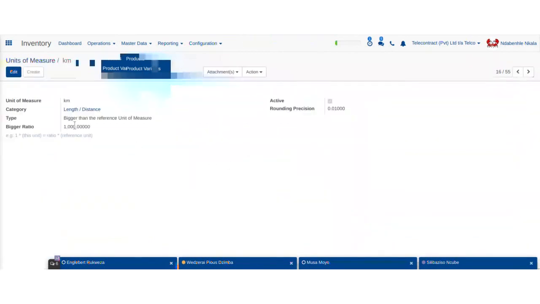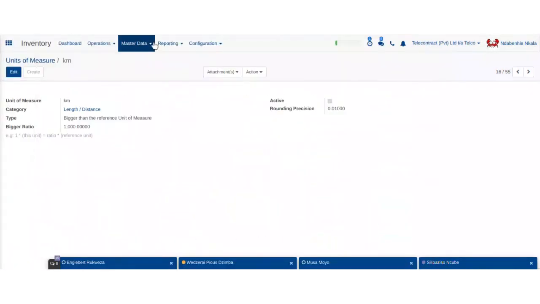In a kilometer, there's 1,000 meters, so it's 1:1,000. In other words, it's 1,000 times bigger than the unit of reference. Is that clear? The concept of the category, the actual units of measure, and the reference. Now let's apply this to a product, which is the key aspect here.